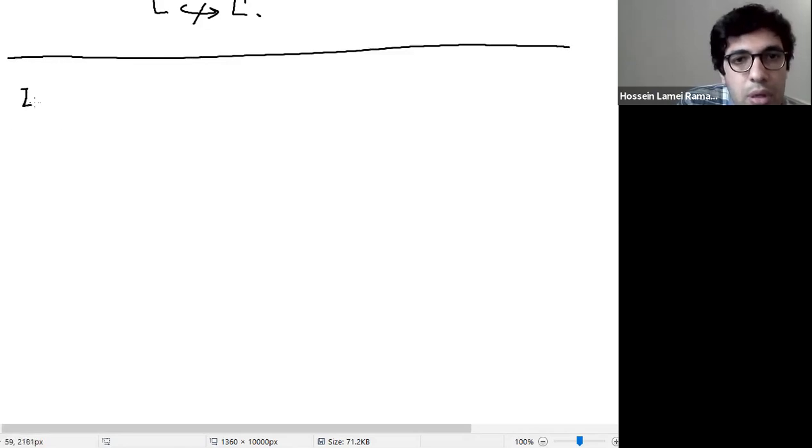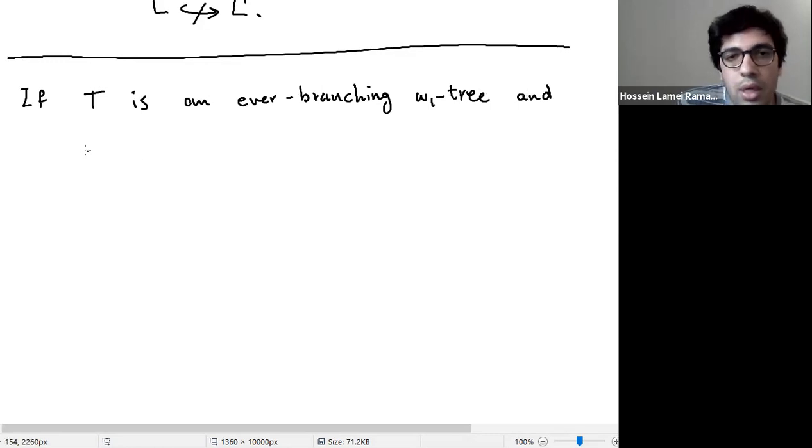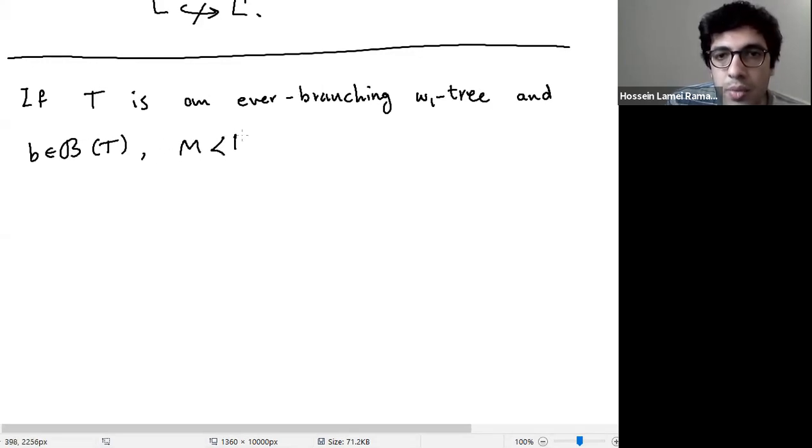At the end, if T is an ever-branching omega-1 tree, and B is a cofinal branch of T, M a countable elementary submodel of H theta, which is sufficient, T and BT, etc., are in M, so I'm not going to write that.